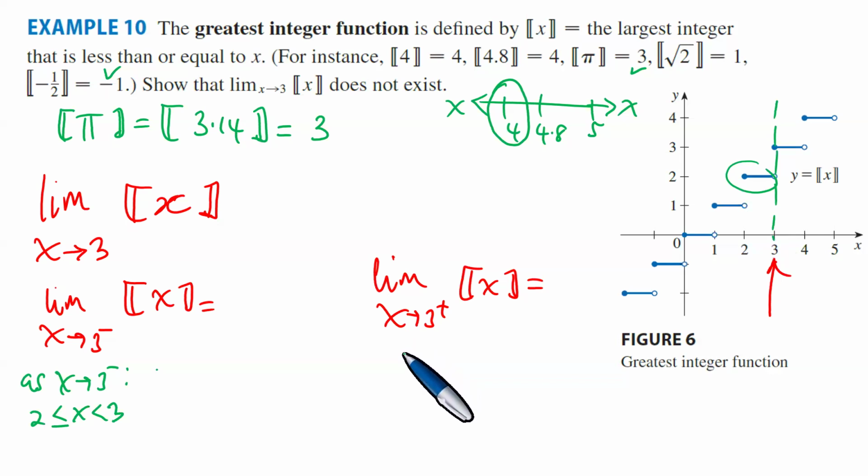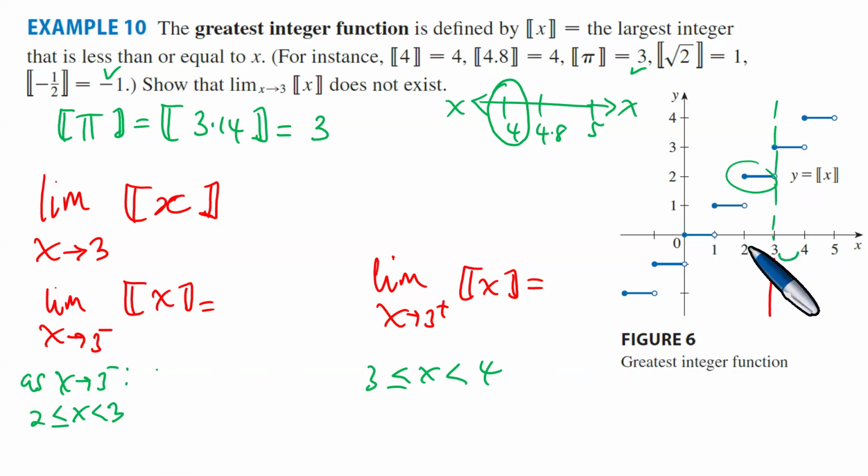Now, from the right, as x approaches 3 from the right of 3, it means that you are looking at x between 3 and 4 altogether. Now you can take the 3 because the function there is defined at 3, because it is exactly 3.